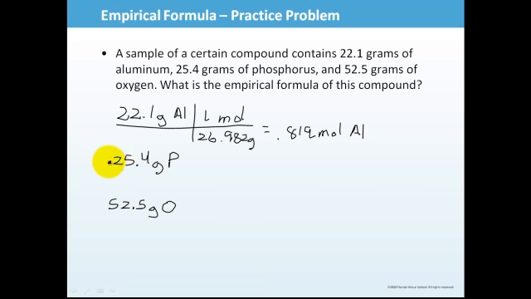Now we have to do the same thing for the other two. So we take our phosphorus, and the moles would be on top. The molar mass from the periodic table is one we did a little bit ago, 30.974.